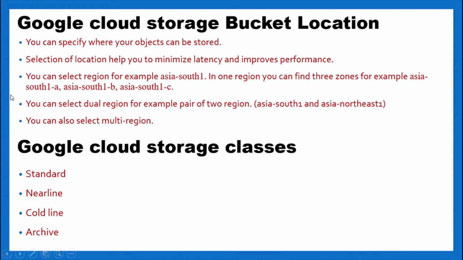Standard we can choose when you are accessing data frequently, and we will choose nearline when you will be accessing data once in a month kind of thing, and coldline when you are accessing the data from cloud storage once in a quarter or once in 90 days. And we can use archive storage class when you are accessing data once in 6 months or once in a year.